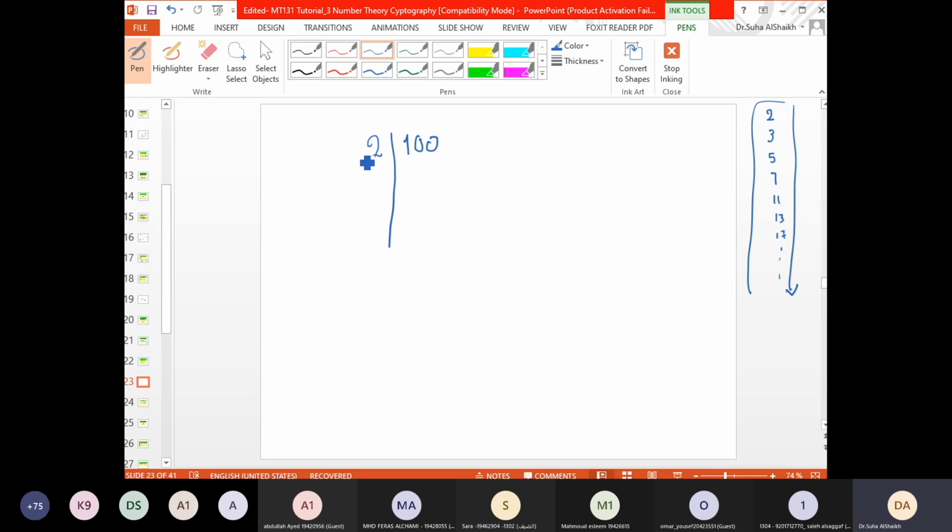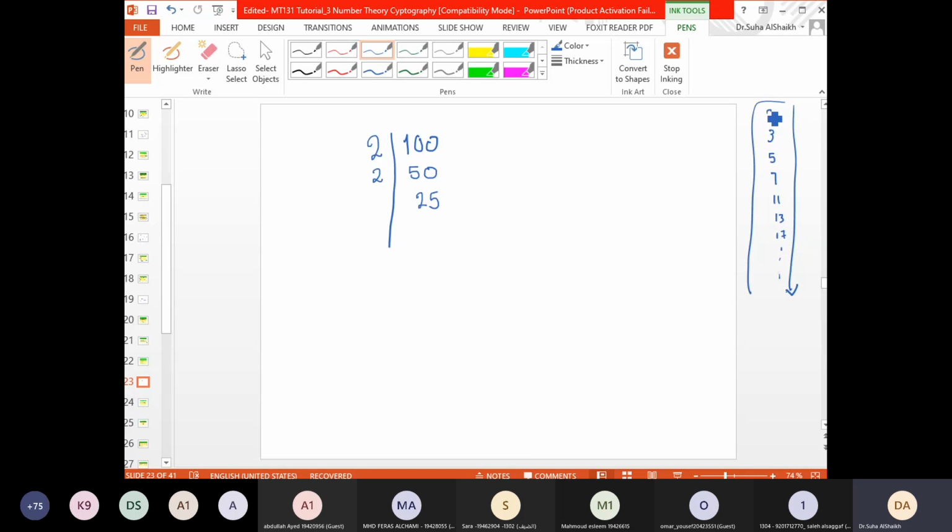Divide 100 by 2, this equals what? 50. I write 50. Again, I repeat the step. I look at the 50 and the primes from small to large. Does the 2 divide the 50? Yeah. And what will be the result? 25.